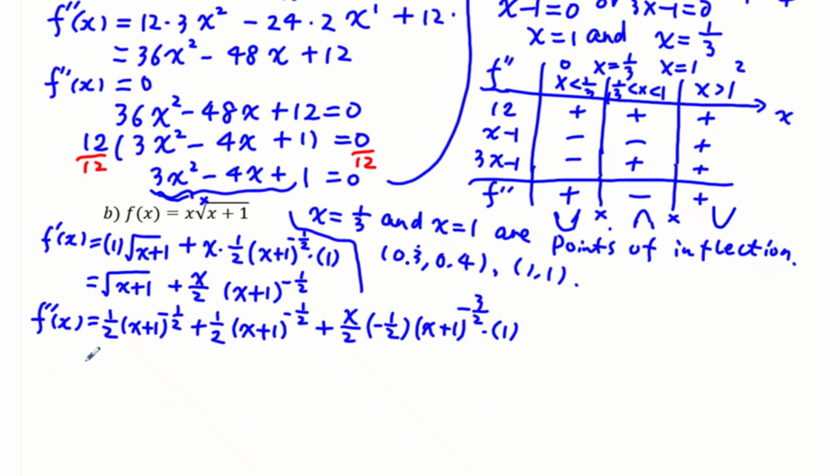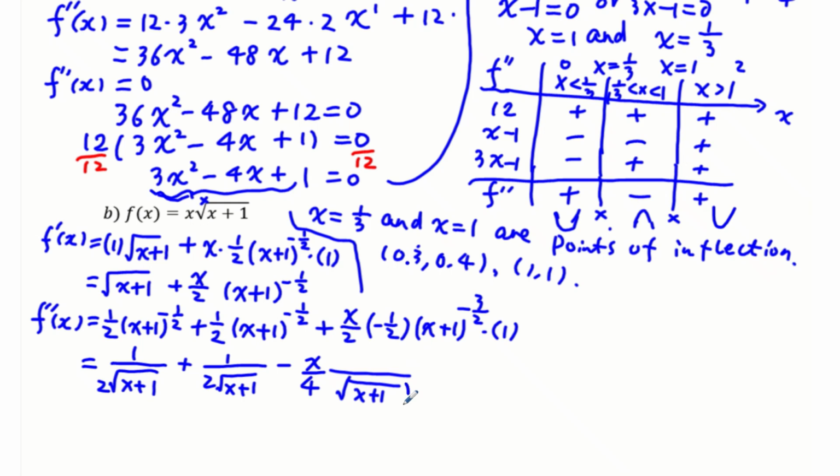Then simplify it. We flip all those negative exponents to the denominator. Then minus x over 4, denominator times denominator, so this one will be square root of (x plus 1) to the exponent cubed.